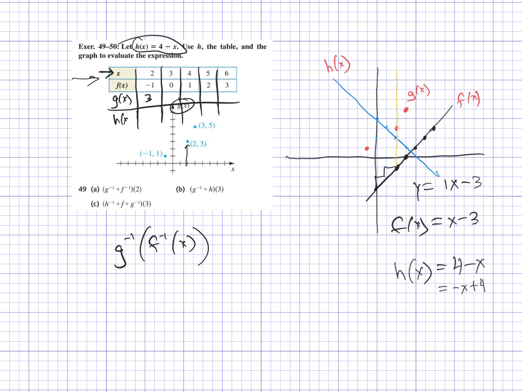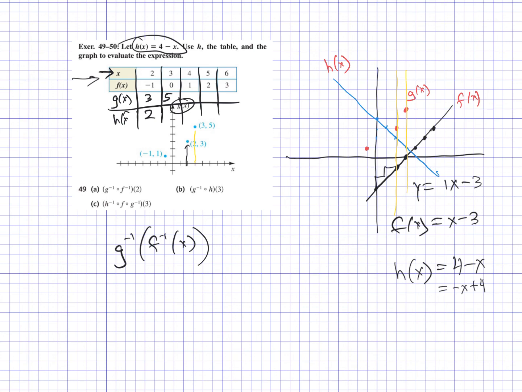Here's x is 2. On h of x, we're at 2. On g of x, we're at 3. Excuse me. On h of x is 2. Yeah. F of x, you're at -1, which is what it says right there. All right. Now, when x is 3, the next line over, g of x is going to be 5.